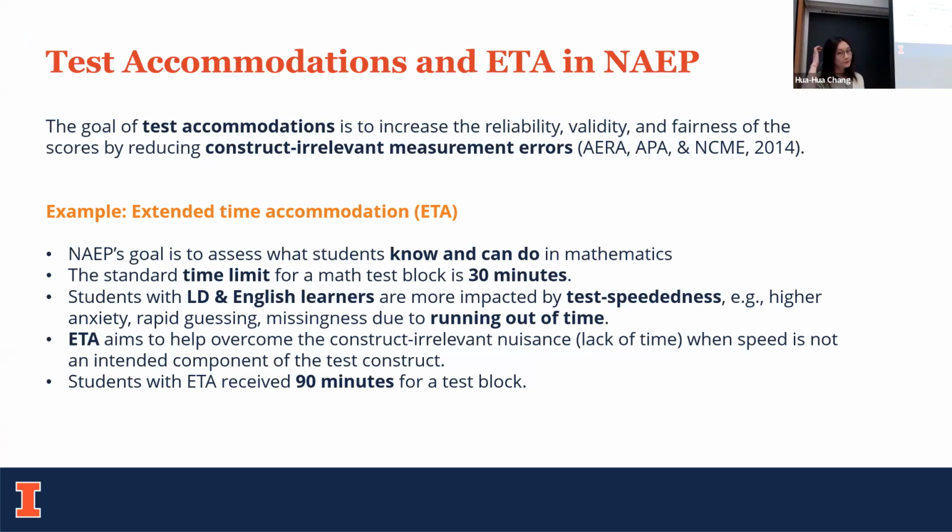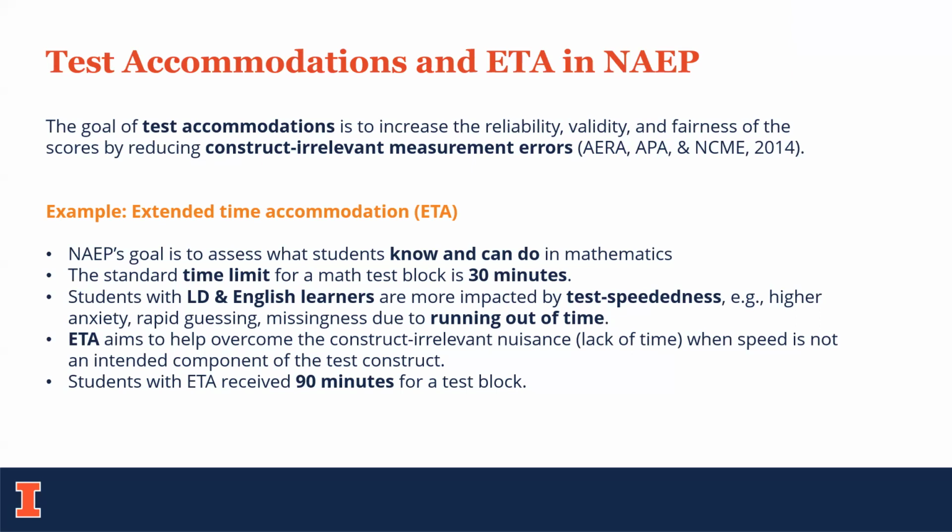The goal of a lot of the test accommodations, which are provided to some students but not others, is to increase the reliability, validity, and fairness of the scores by reducing the influence of construct-irrelevant measurement error. If we take the example of NAEP extended time accommodation, here is probably my understanding of their objectives. NAEP's goal is to assess what students know and can do in mathematics.